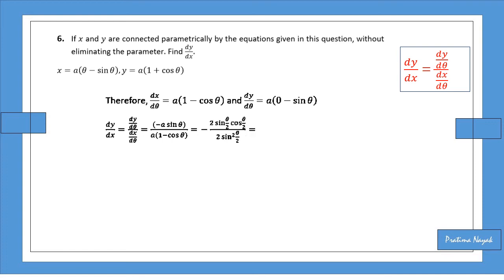In this way. Then sin theta by 2 cancels, 2 cancels. So numerator will be cos theta by 2 and denominator will be sin theta by 2. So it will be cot theta by 2. Of course, don't ignore the negative, it is already there. So it will be minus cot theta by 2.